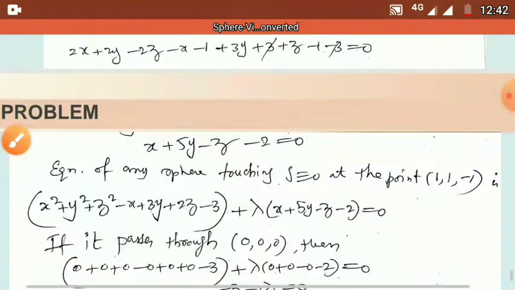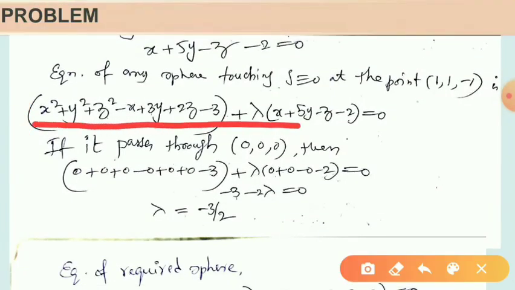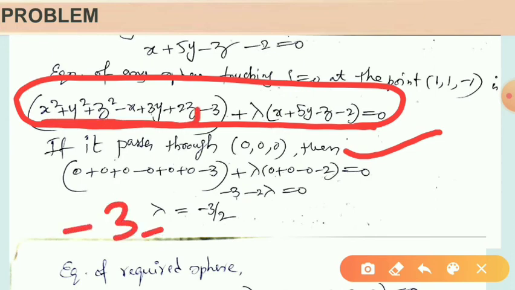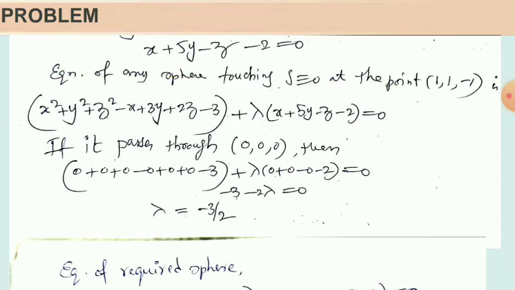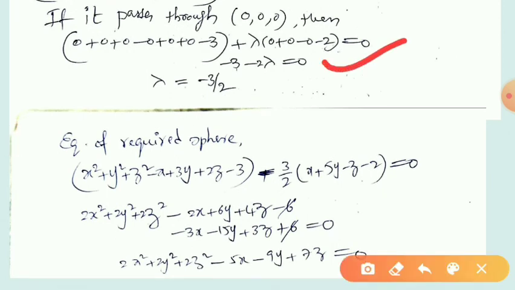Since the sphere we have to find passes through the origin, by substituting (0, 0, 0) in the equation of the sphere, all the terms vanish, and we get -3 minus 2 lambda is equal to 0. From this we get lambda is equal to -3/2.